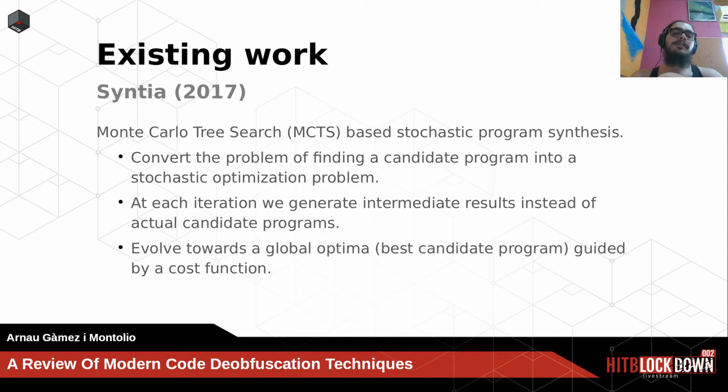That essentially means that we are generating intermediate results at each iteration that will evolve towards a global optimum that will be our best candidate program, and this evolution will be guided by a cost function that will compute the similarity between the behavior of the code we are trying to synthesize and the behavior that we are getting from those intermediate results. We'll see a little bit of that afterwards.